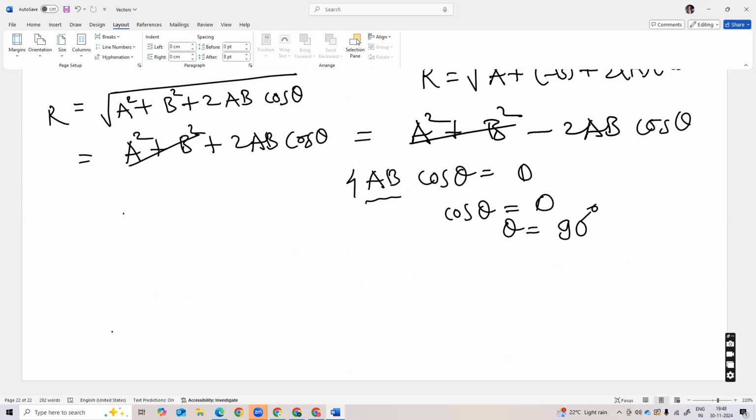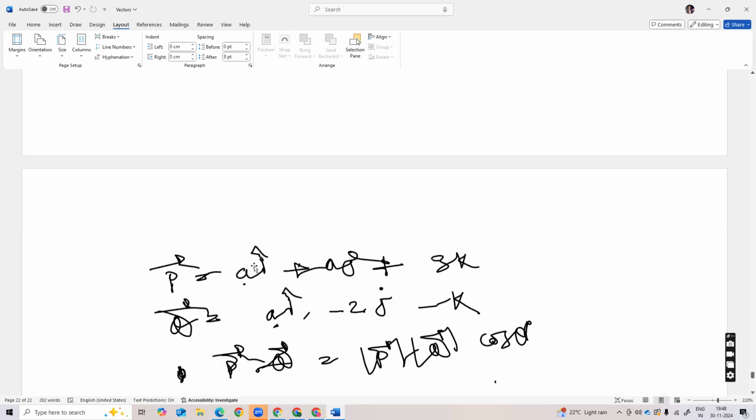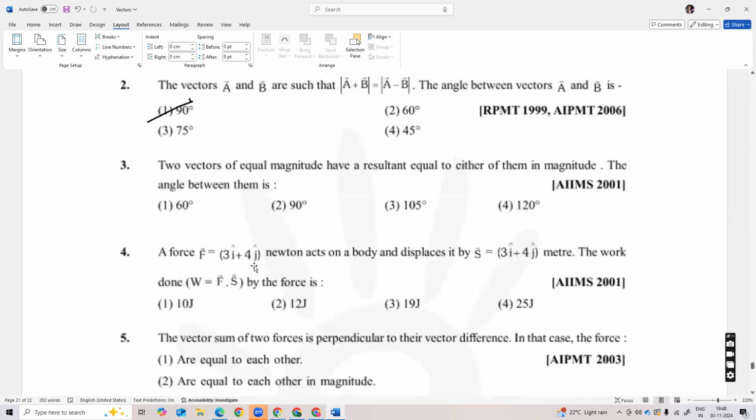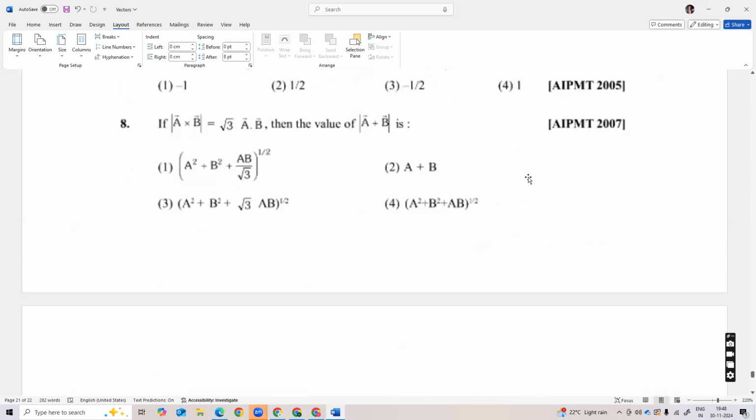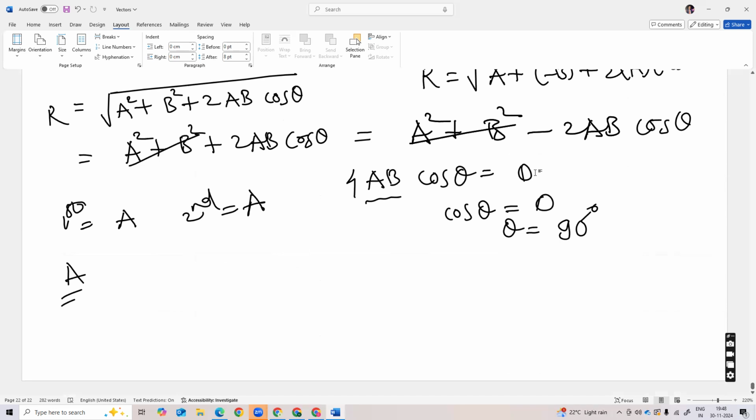Let's say the first vector has magnitude a, the second vector also has magnitude a, and the resultant also has magnitude equal to either of them, so it is also a. So basically you can use the same formula.